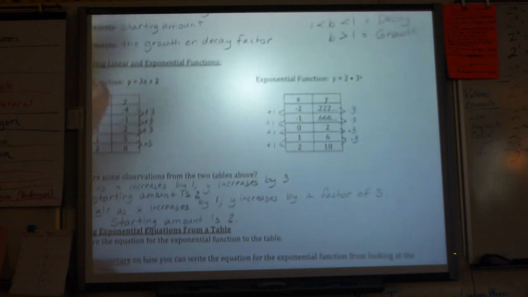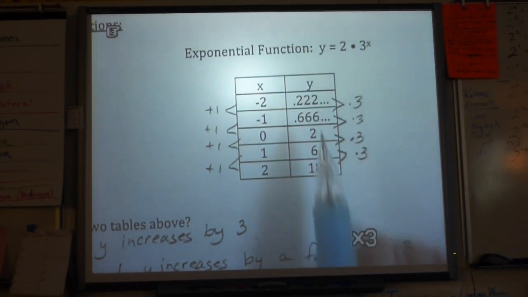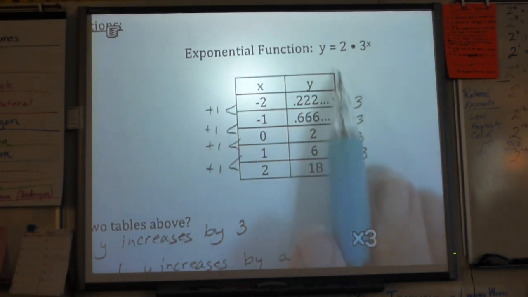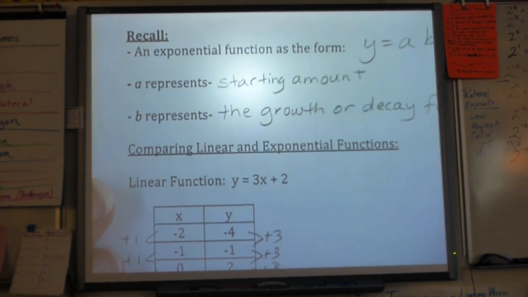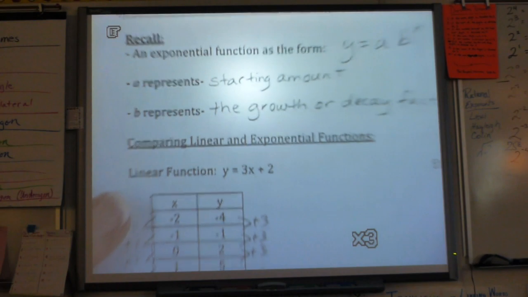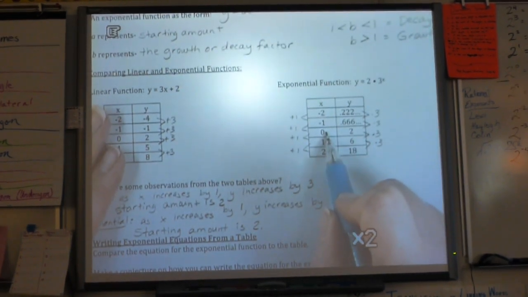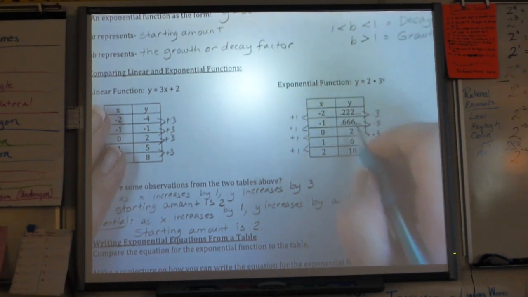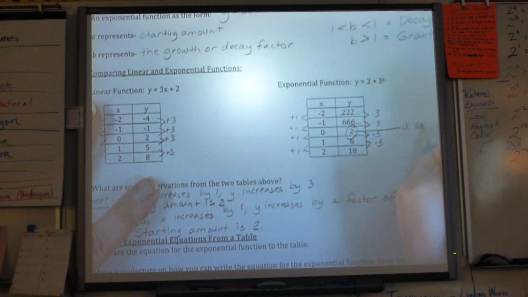Okay, so let's take a close look here. What do we notice? We notice that our starting amount is 2. And we just said in our formula, A represents the starting amount. So A, if I look at my table, when x is 0, that's my starting amount, y equals 2. So this is my A value.